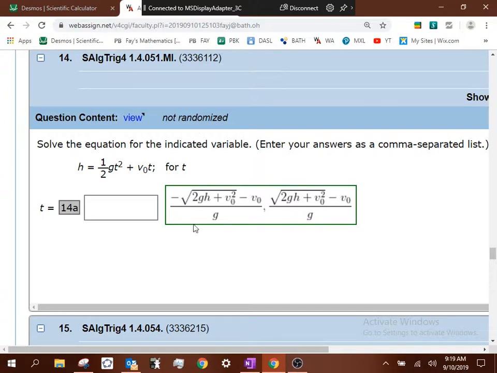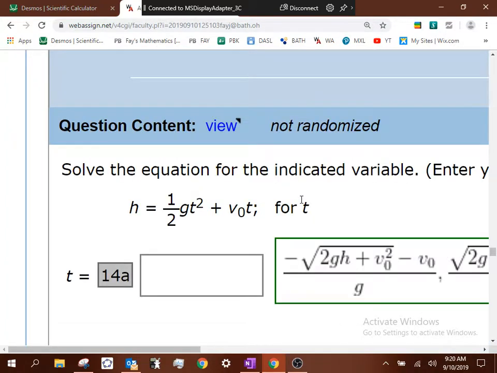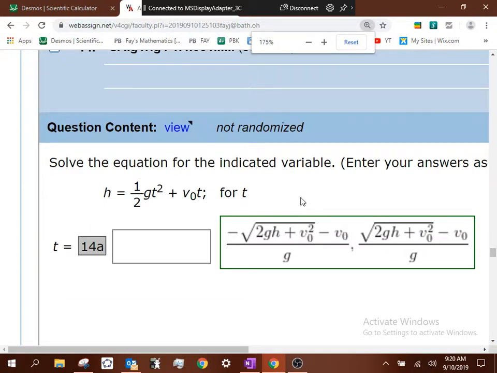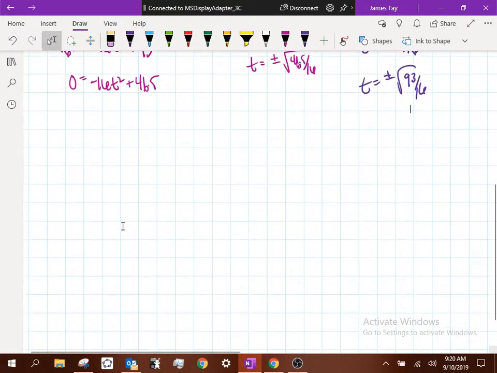Are you going to teach us how to type that in? Yeah, let's write the answer down, and then we'll see if we can type it in right.